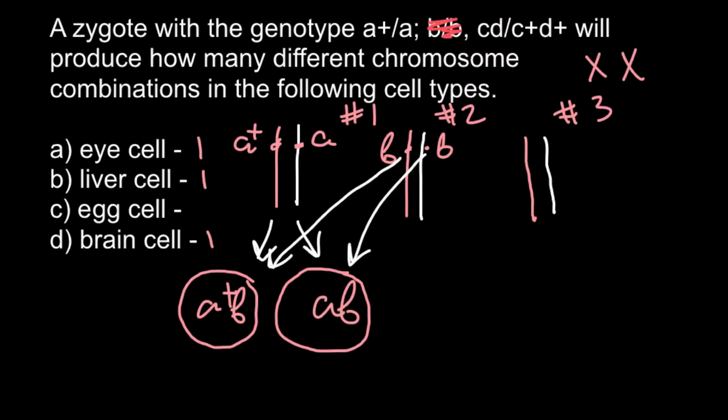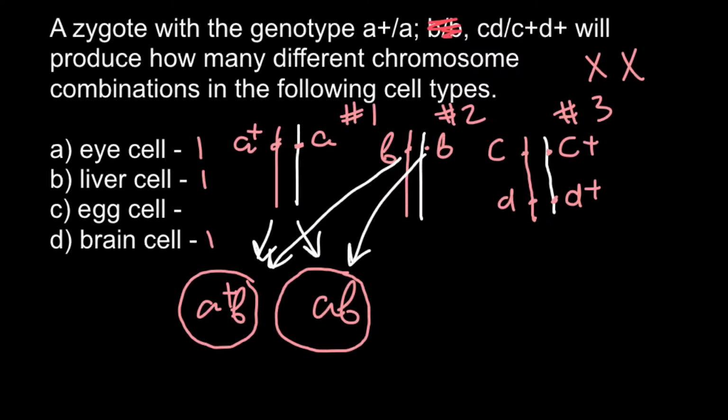So we have once again somewhere, say here, locus for the gene C, and this gene is represented by two alleles, allele C and C plus. Also on the same chromosome we have another location of the gene D, or locus, and this gene also represented by two different alleles, allele D and D plus.